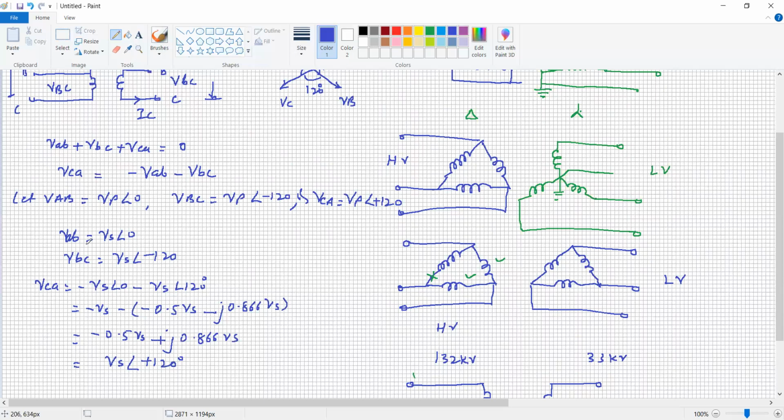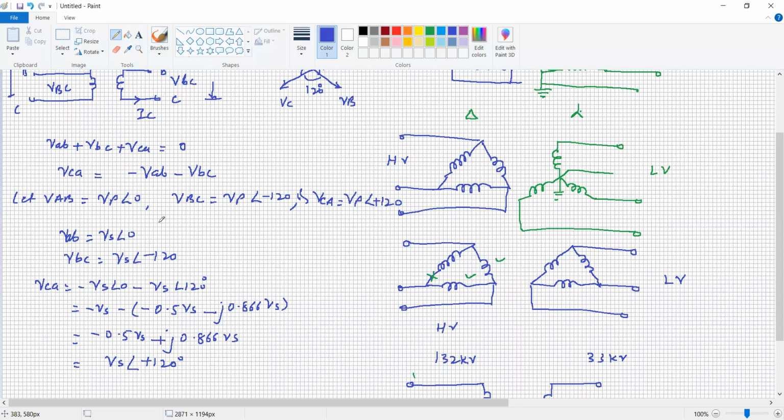So it is found that if you connect a three-phase balanced supply to the one winding, we get on the secondary winding again a balanced three-phase voltage.